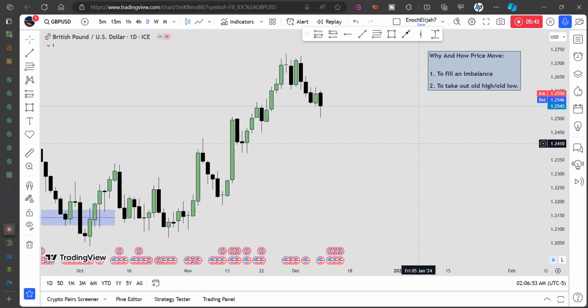Okay. Now, having said that, you also have to understand that price doesn't just move at that alone. There are times when price moves best to carry out these operations. Hence, it's called time.